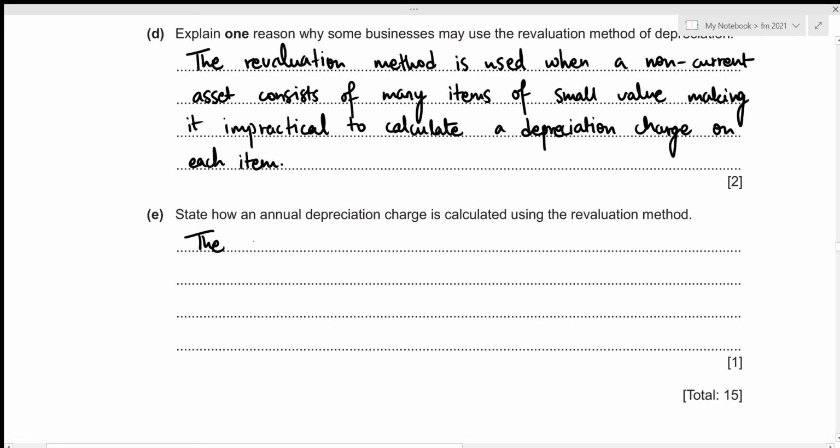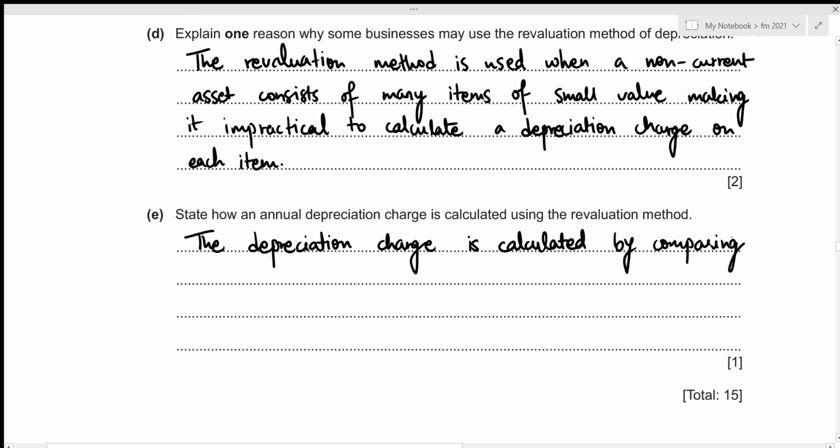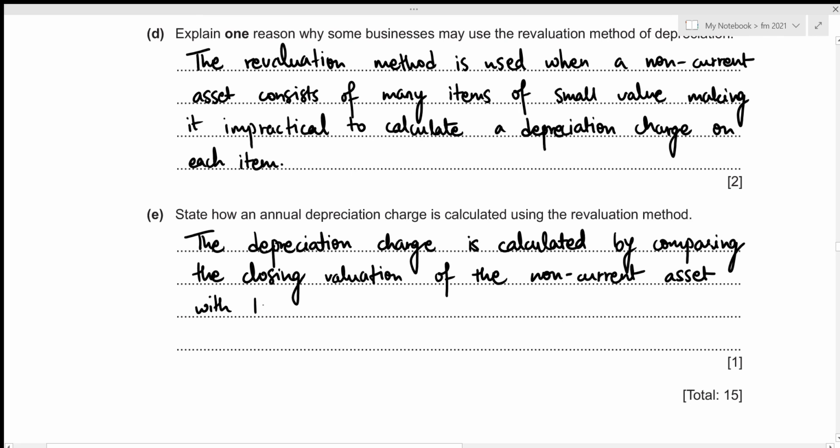The depreciation charge is calculated by comparing the closing valuation of the non-current asset with the opening valuation. And this concludes the fifth part of this question as well as the entire question.